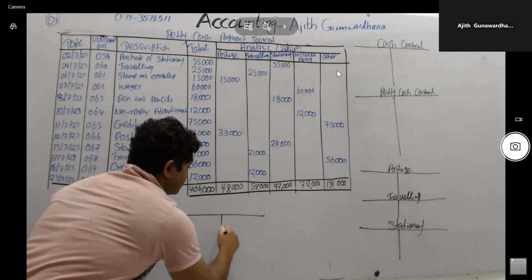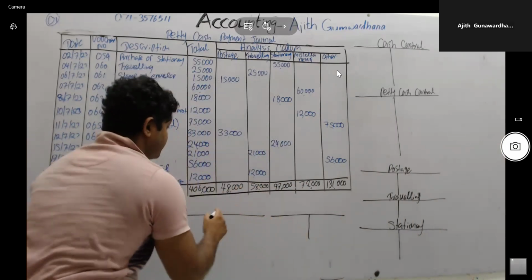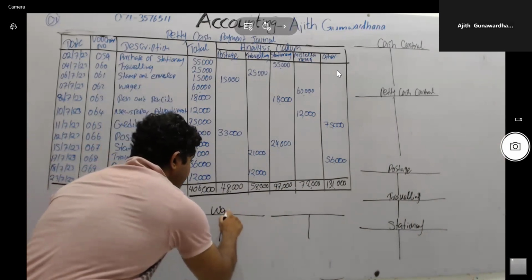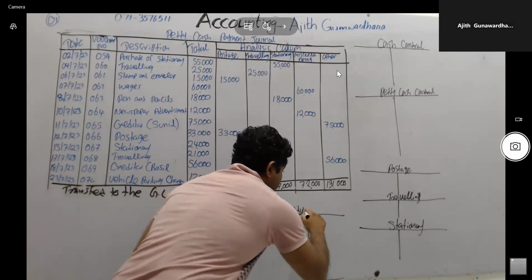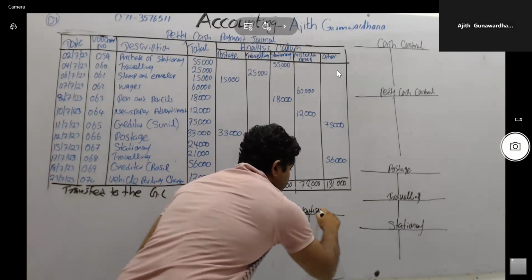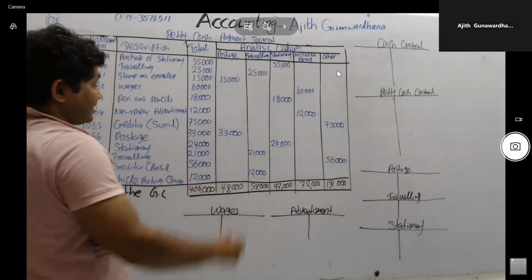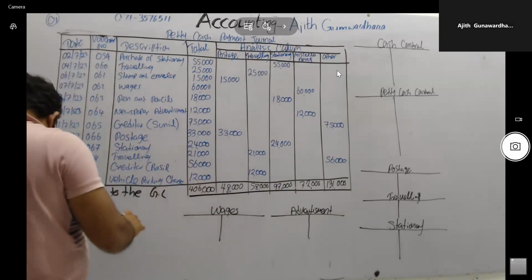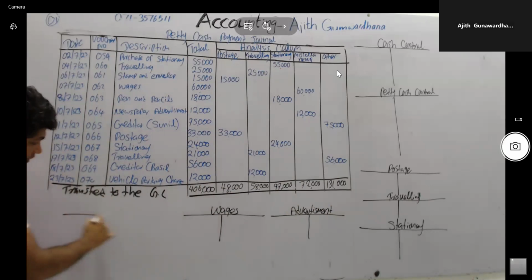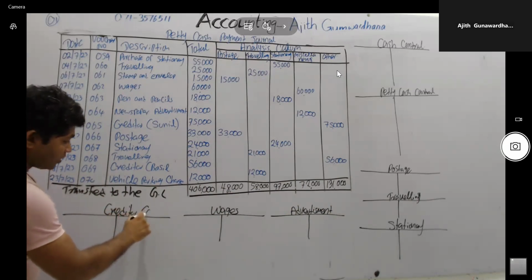Separate column for wages, as well as newspaper advertisement. Therefore, wages and advertisement. As well as payment for creditors is available, therefore prepare creditor control account also.